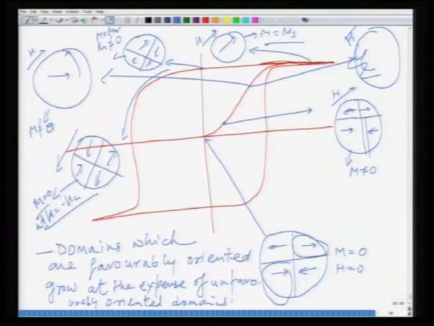So, it is only a growth phenomenon, not a process of nucleation. There is no nucleation in the growth phenomenon, unlike in ferroelectric material. So, that is a crucial difference with ferroelectric materials in terms of domain growth in ferromagnetic materials.